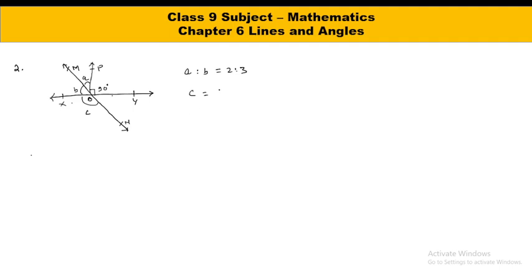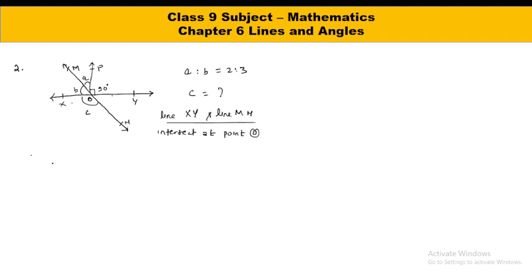And the other part which is given initially is that line XY and line MN intersect at point O. So we need to solve this question.